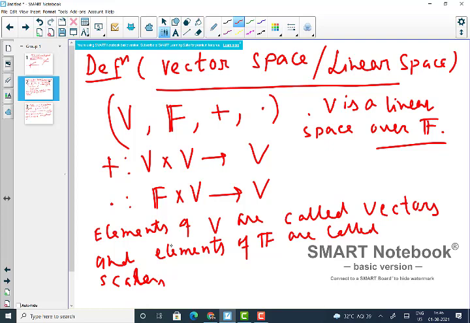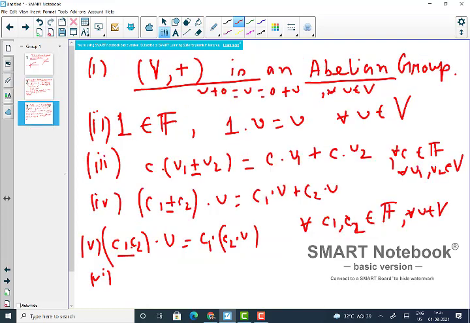So these elements are called vectors and the other elements are called scalars. Okay. So these are the basic properties. This is the way you define a vector space.